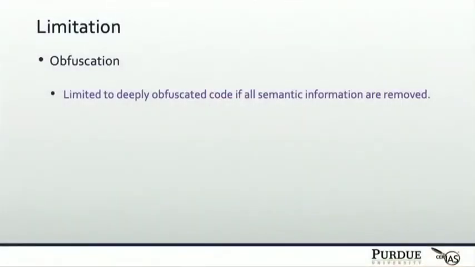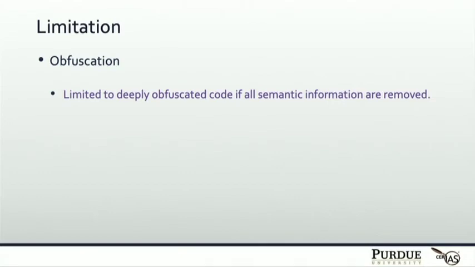So here we will talk about the limitations of this approach. Since ClueFinder is a semantics-based approach, it is limited on deeply obfuscated code, if all the semantics information were removed from the decompiled app code.